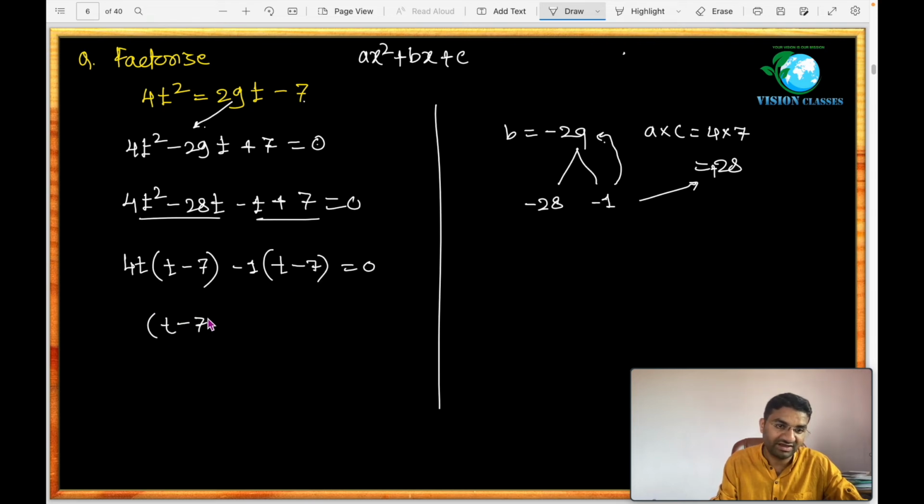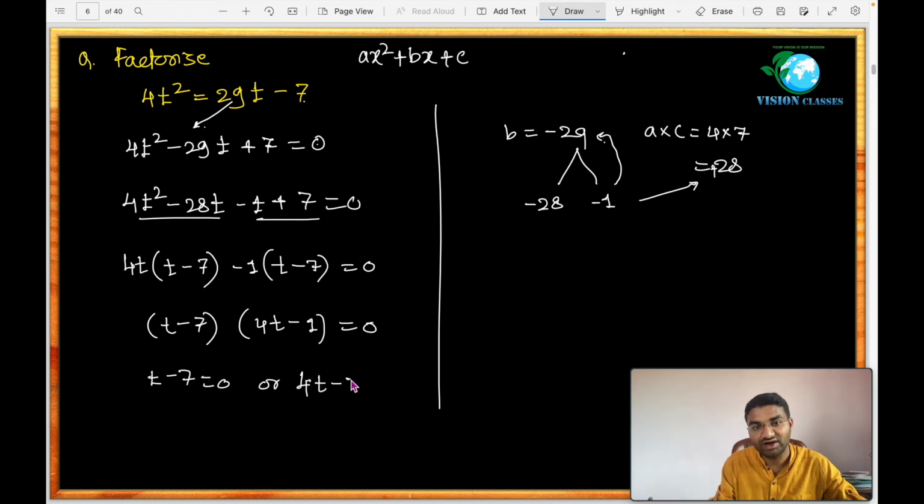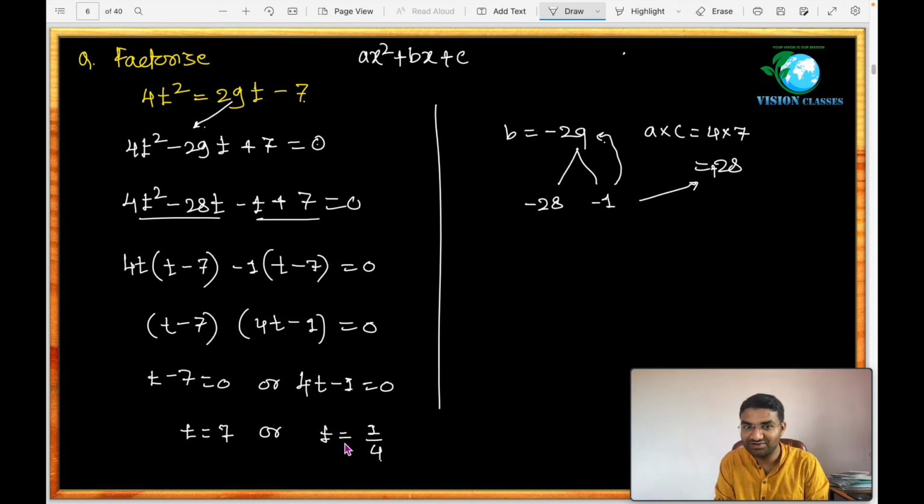So (t − 7)(4t − 1). Here t − 7 is equal to 0, or 4t − 1 is equal to 0. t is equal to 7, or t is equal to 1/4. These are the two roots of the given equation.